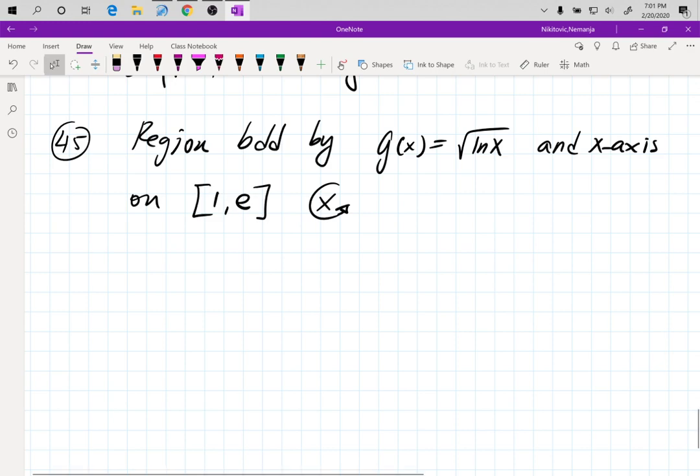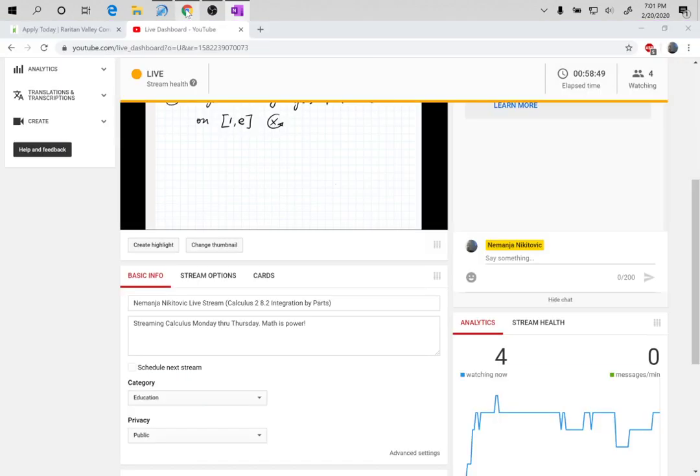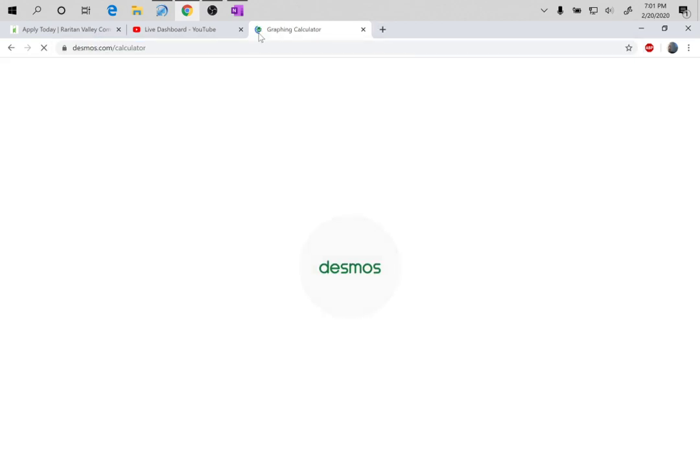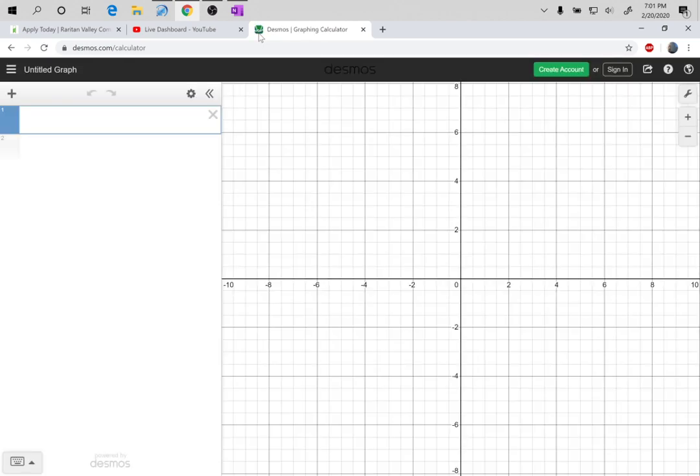Okay. So we can quickly go to Desmos. We click on Desmos, there we go. SQRT ln x, and that's what we have, right?